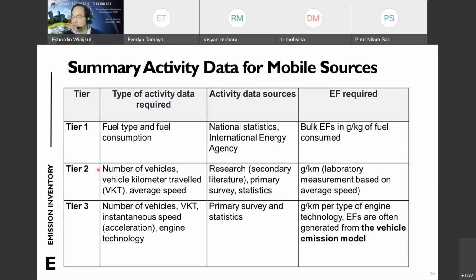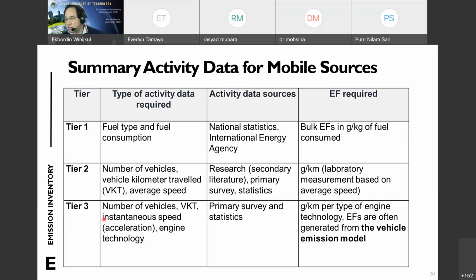For tier 2, we need more information, like the number of vehicles and also maybe the technology of the vehicle. And then the emission factor is going to depend on the different technologies of the vehicle, like Euro 1, Euro 2, Euro 3, which have different emission factors. And for tier 3, there is going to be more detailed information.